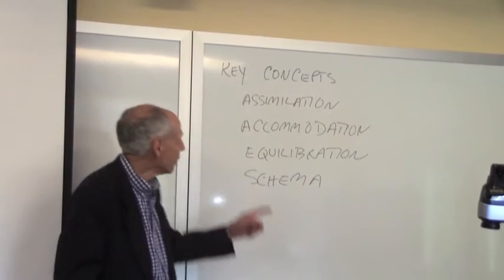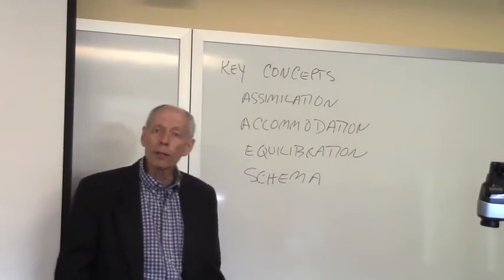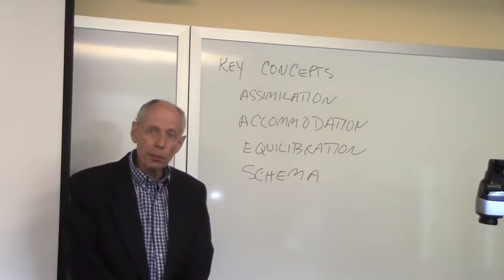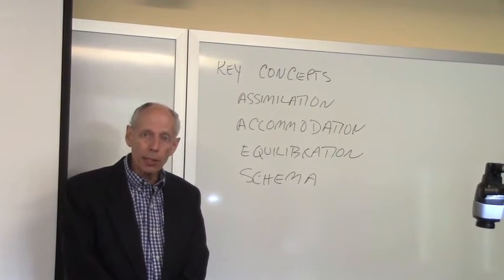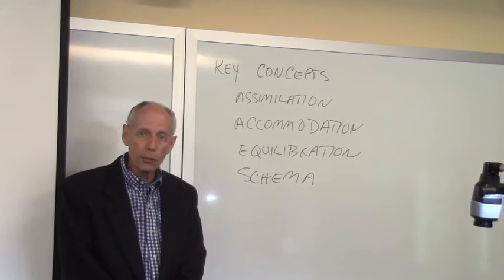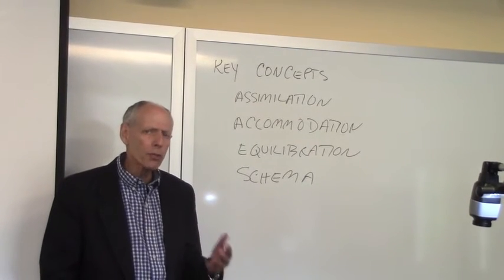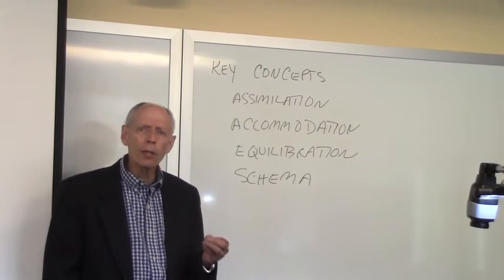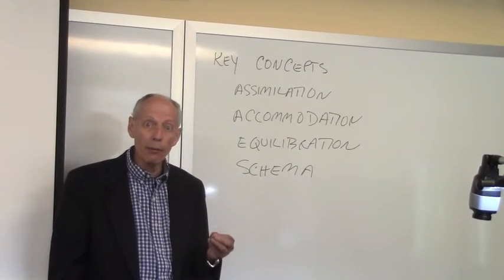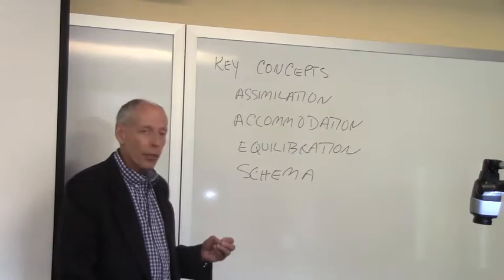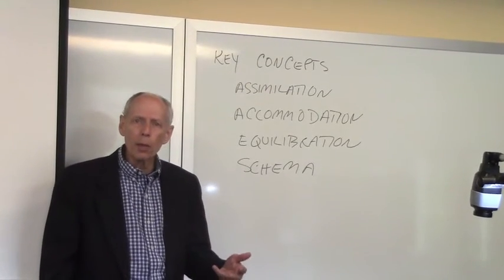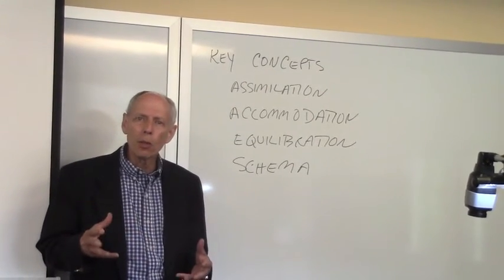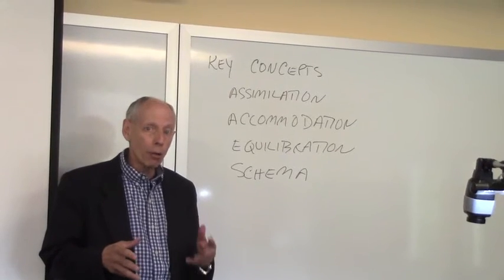But Piaget recognized that some learning disrupts established concepts and ways of making sense. And when that occurs, when something totally new comes up that doesn't fit with what we already think we know and how to make sense of the world, then we have to accommodate it. We have to form a new concept, or we have to radically alter an old one.